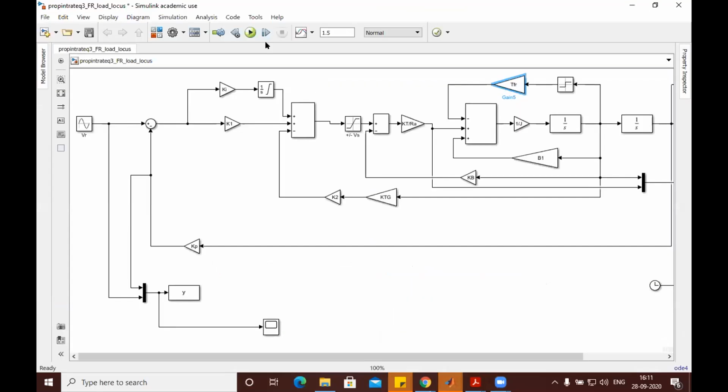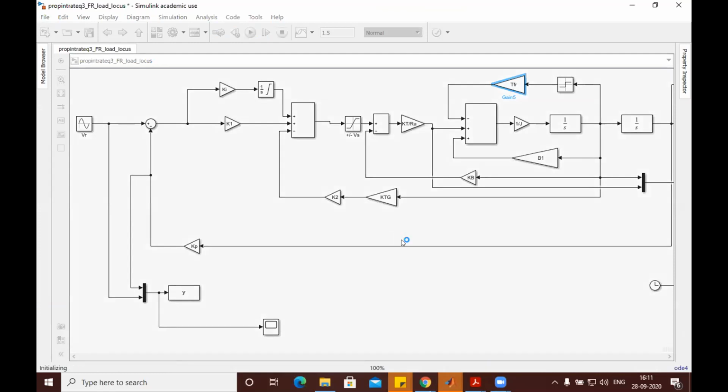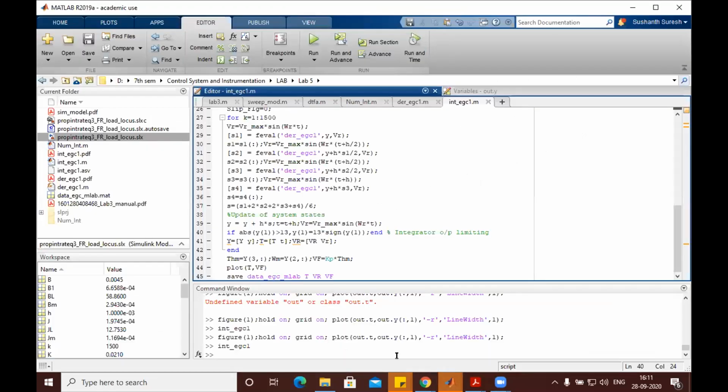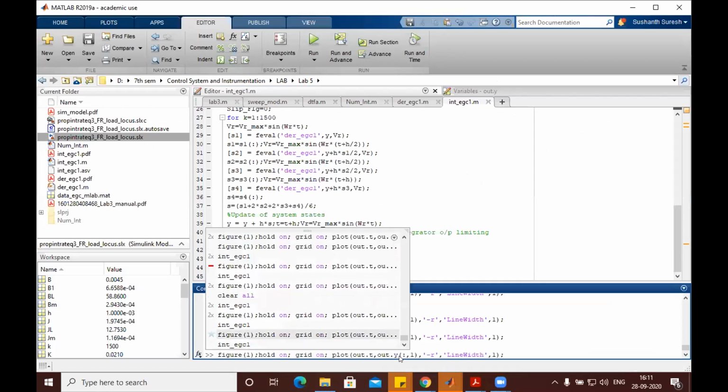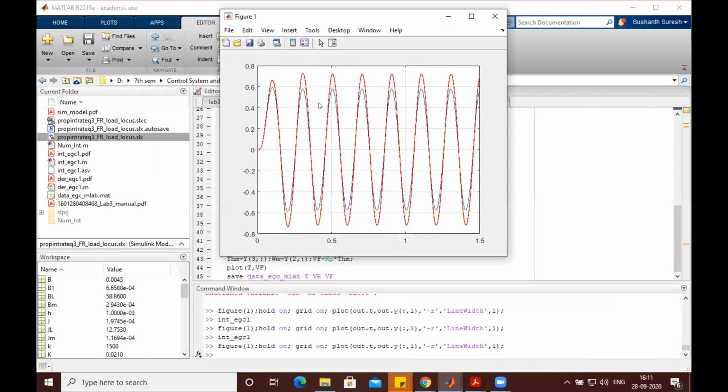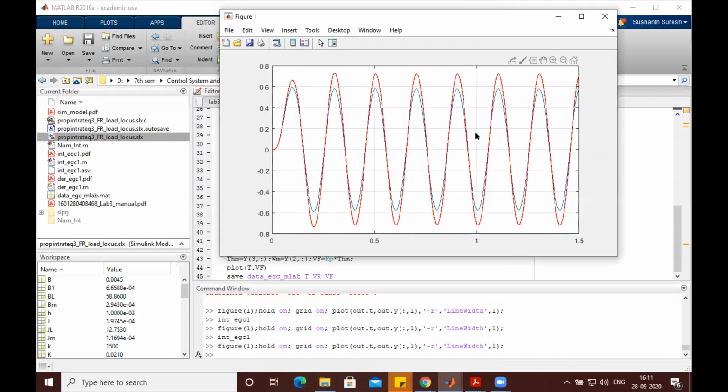Yeah, this k value you have at 1.5. The red line is out. The red line is having some problem.